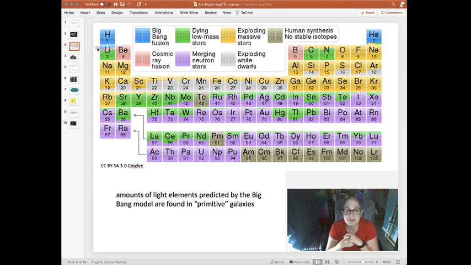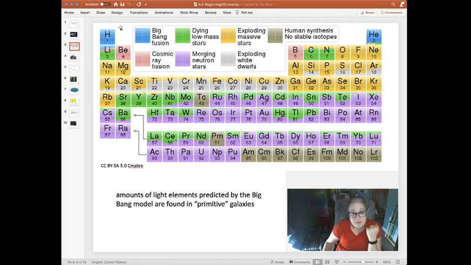And this was found observationally to match when looking at what they call primitive galaxies. Primitive or primordial means these dwarf galaxies that are not thought to have evolved or changed much since the very, very early universe. So the amounts of hydrogen, helium, and lithium match really well to that Big Bang Theory prediction.